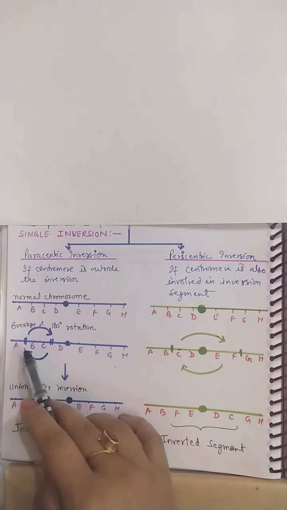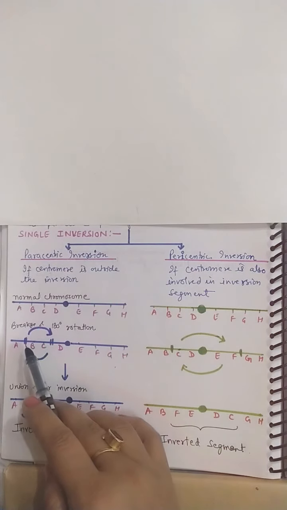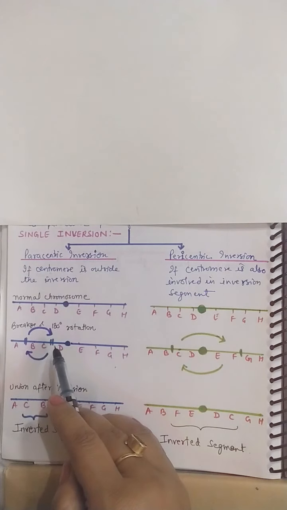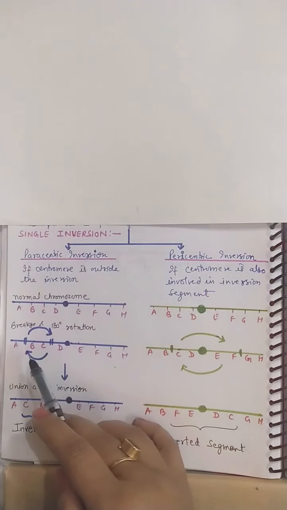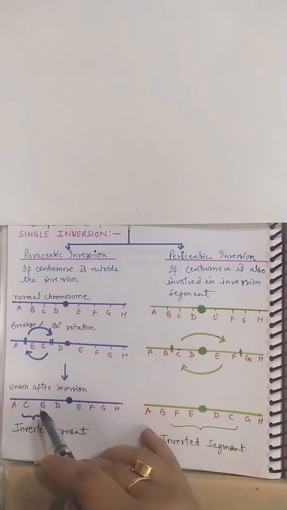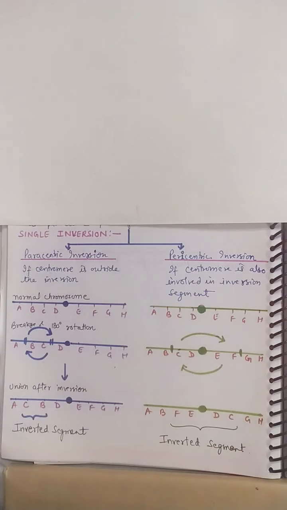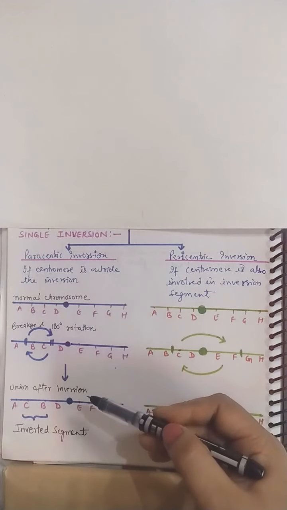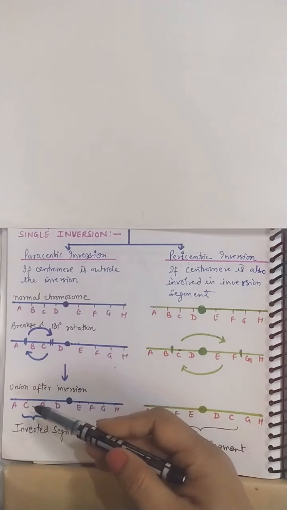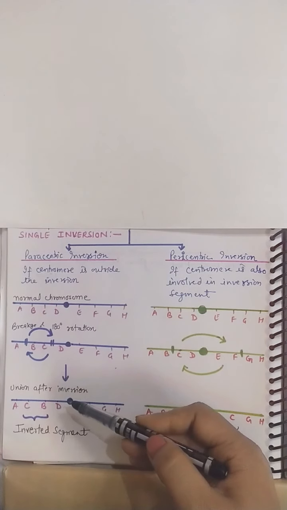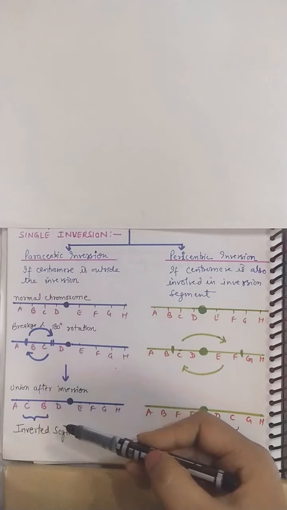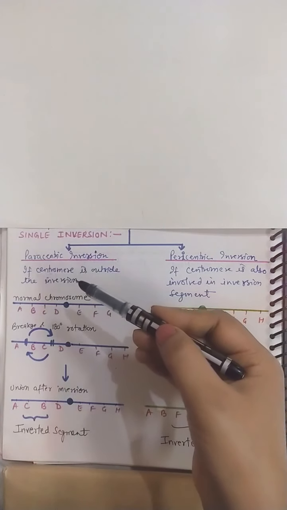For example, if this arm breaks at points B and C, then the segment will be inverted as CB on the same arm. In this type of inversion, you can observe that the inverted part does not have the centromere within. Hence it is called a paracentric inversion.